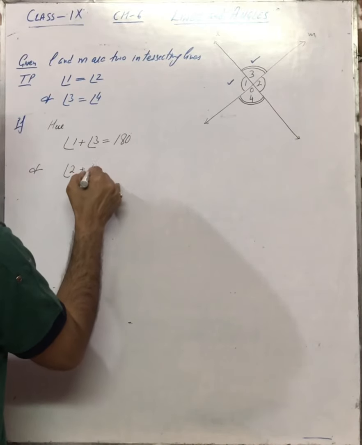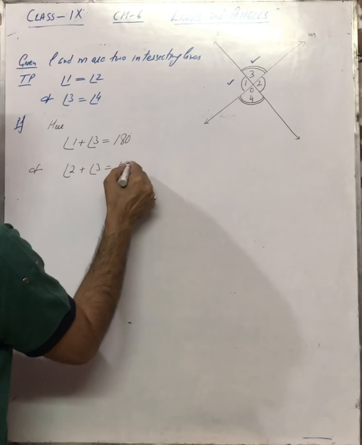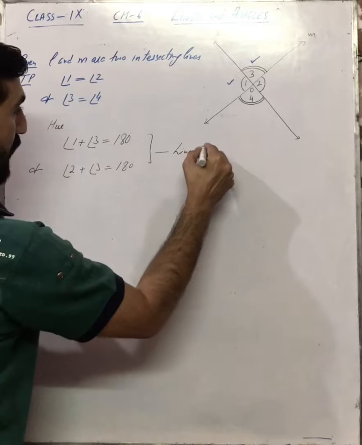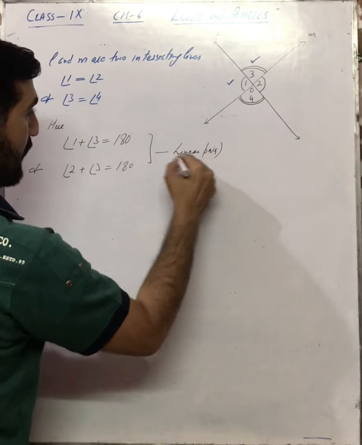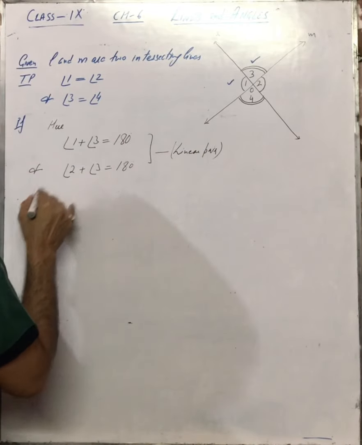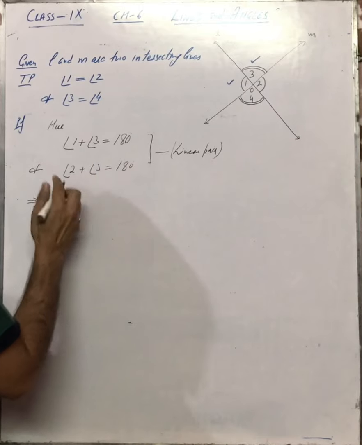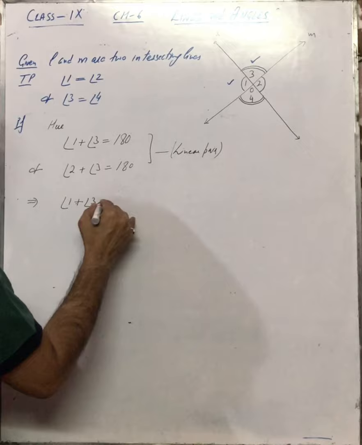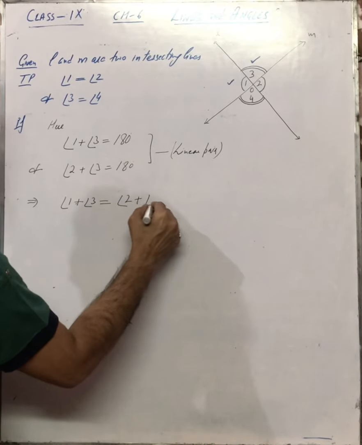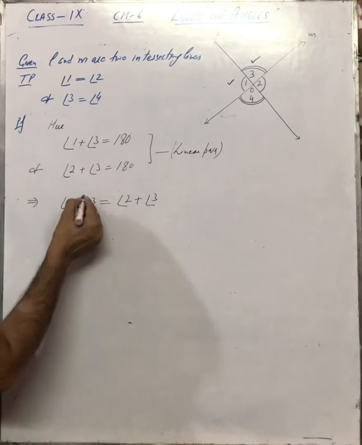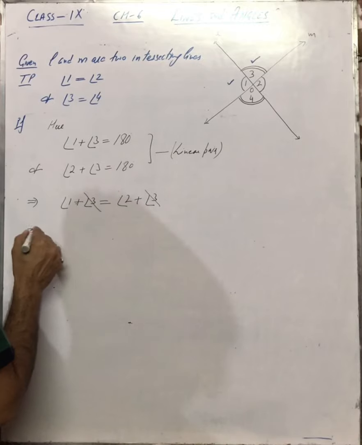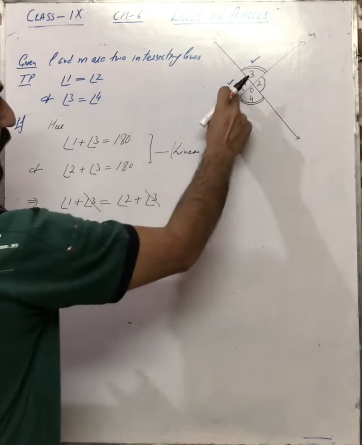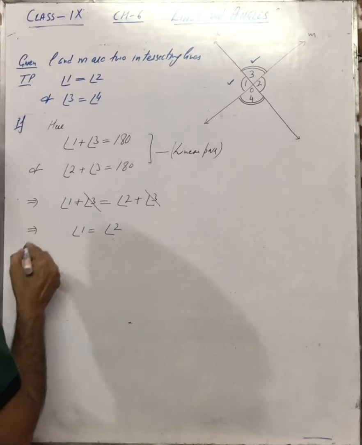Angle 2 plus angle 3 is equal to 180 degrees. Why? Because both of these form a linear pair. As both are 180 degrees, both of these sums will be equal to each other. Angle 1 plus angle 3 will be equal to angle 2 plus angle 3. So here 3 and 3 will cancel and you will get angle 1 is equal to angle 2.